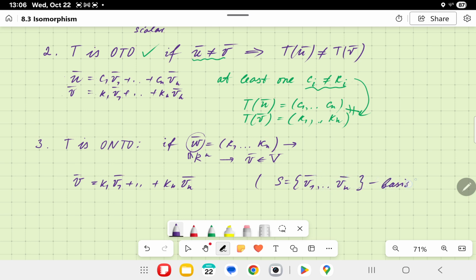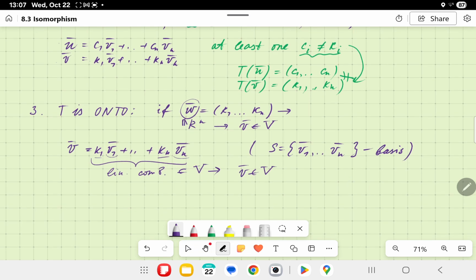Since these are basis vectors and these are just constants, this is a linear combination. A linear combination of basis vectors belongs to vector space V, just because all linear combinations make up space V, which means that's going to be vector V. Then vector V also belongs to space V, and this vector is going to produce W. So we proved that it's onto.